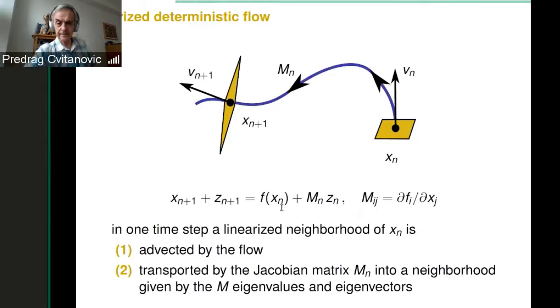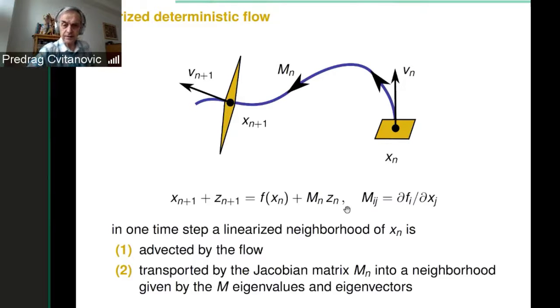So if we are at position xn in state space, the law tells me time t later where I am. And the linearized flow says, well, if I'm in a small neighborhood, I can measure the distance from where I am and predict where the distance is in the future.